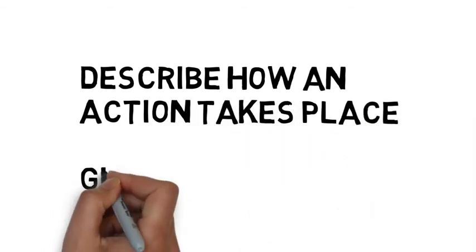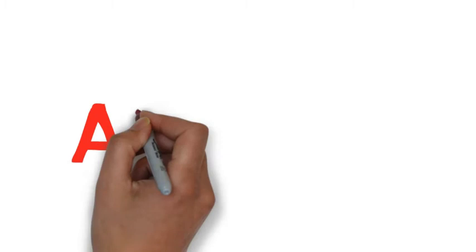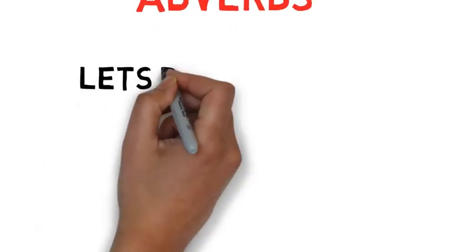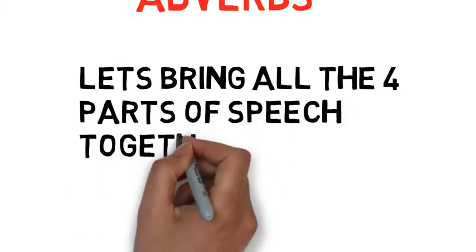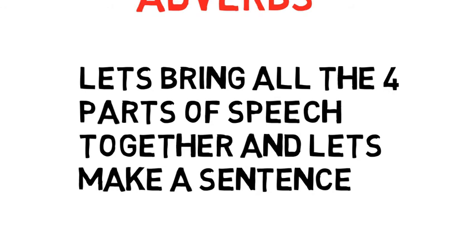Now, what happens if you want to describe how an action is taking place? You would use something which is called an adverb. Now, adverbs describe how actions take place. In order for us to be able to understand how adverbs work, let's join everything that we did so far.